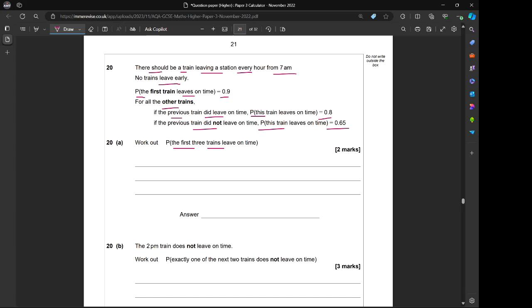Okay, so the probability that the first train is not on time will be 0.1. If the previous train did leave on time, the probability of the train will be 0.8. So if the first 3 trains leave on time, it will be 0.9 times 0.8, times 0.65.